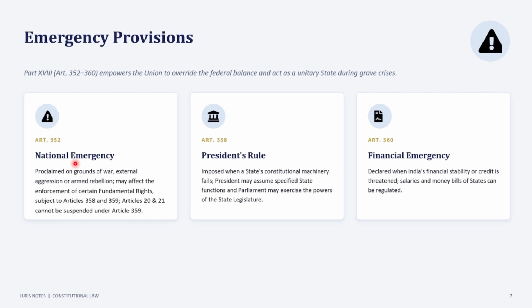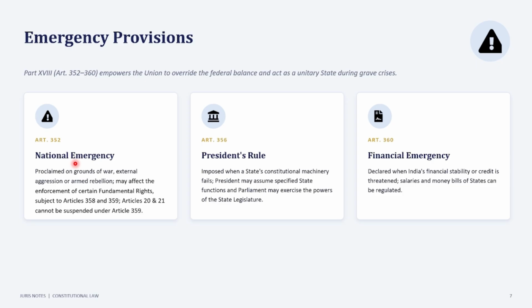The first is national emergency under Article 352. A national emergency can be proclaimed on the grounds of war, external aggression, or armed rebellion. Now, this is where we need to be slightly careful. A national emergency does not simply mean that all fundamental rights disappear.